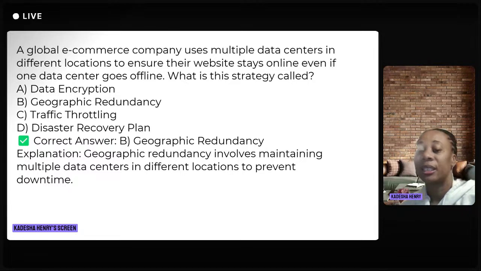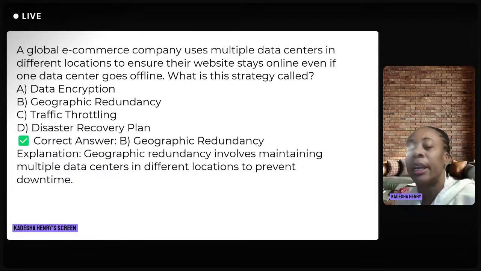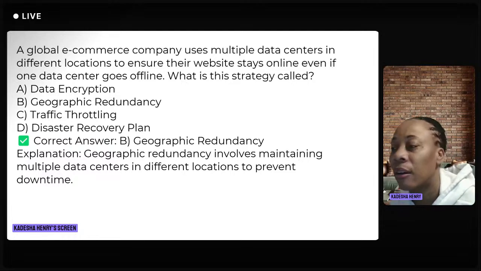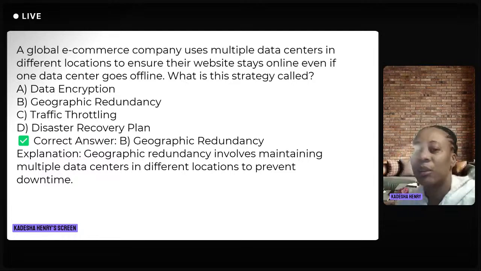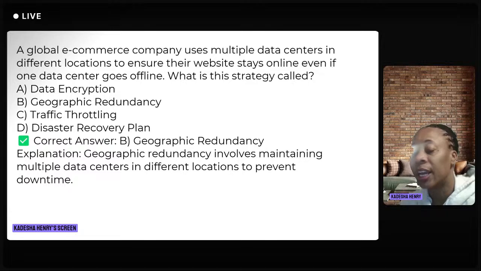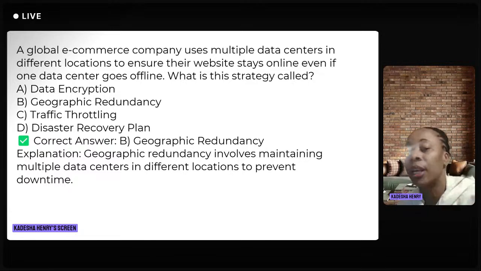So this is basically called geographical redundancy. In the cybersecurity world and in the world of business, especially dealing with data centers, it is best not to have all of your data centers in one location. You must have them in different locations, and we're going to get to that.